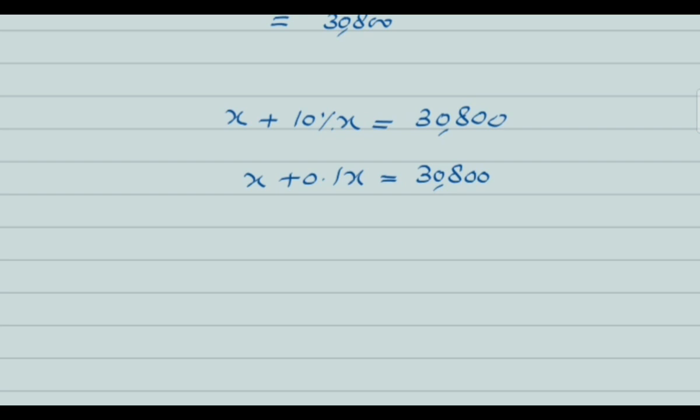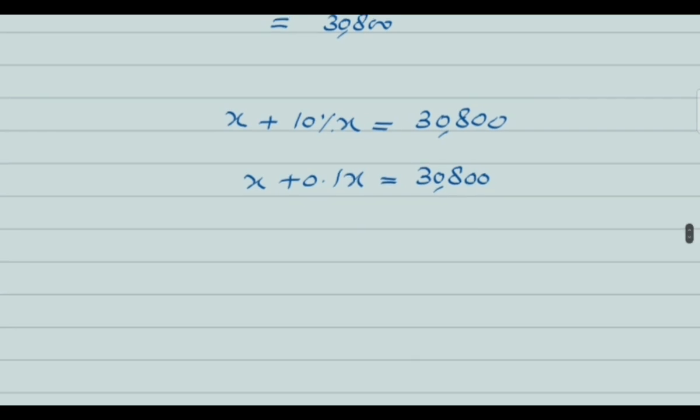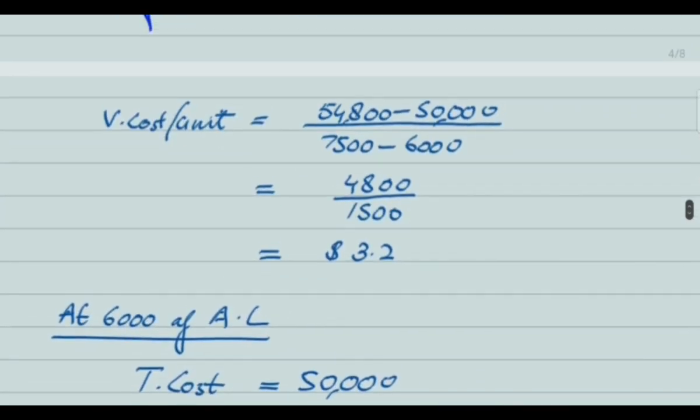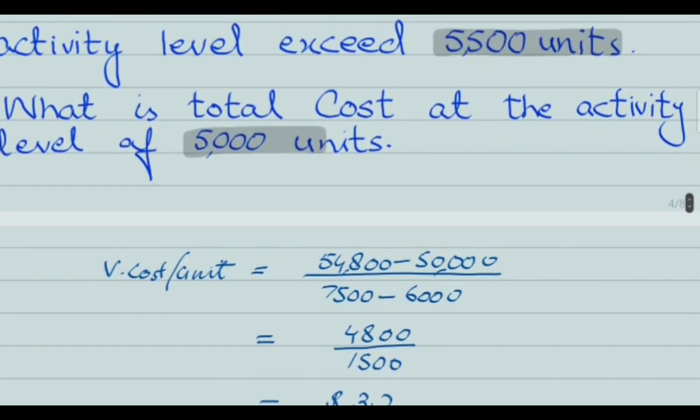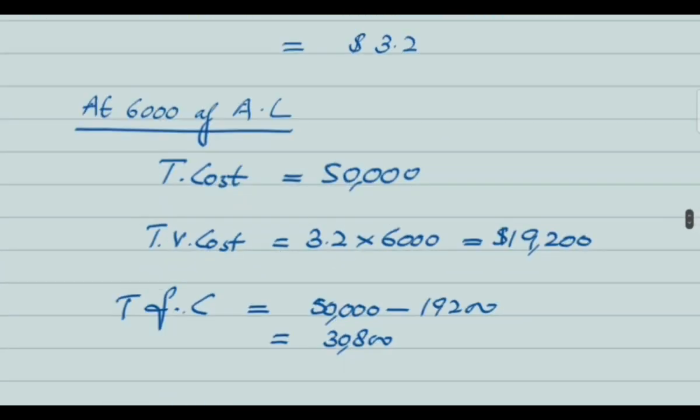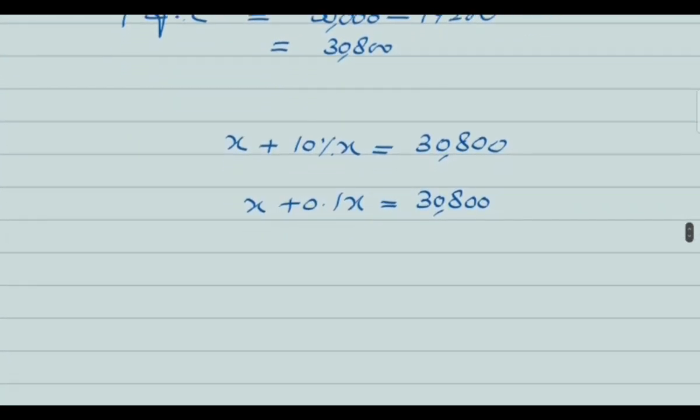So we have found the fixed cost which is after the step up increase, and as we have to calculate the total cost at 5,000 units of level where the fixed cost has not increased, we need to calculate what is the fixed cost before such increase.